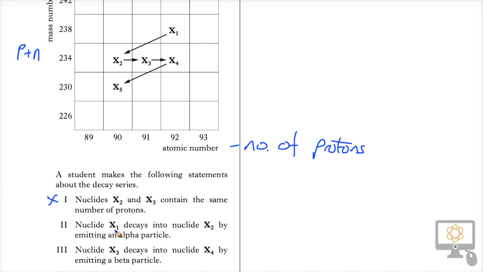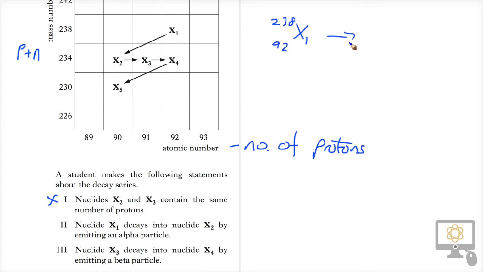Statement 2: nuclide x1 decays into x2 by emitting an alpha particle. So x1 has an atomic number of 92 and a mass number of 238. You would write x1 over here, with the mass number at the top, which is 238, and the atomic number at the bottom, which is 92.